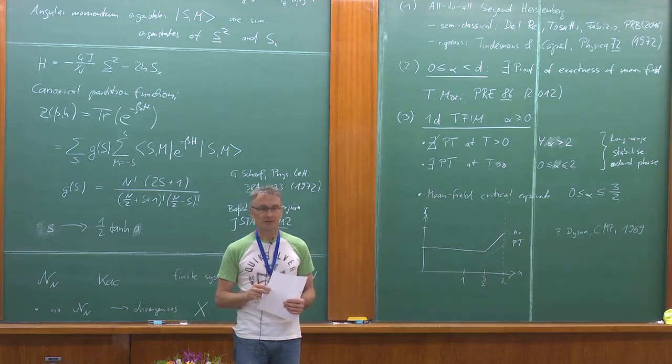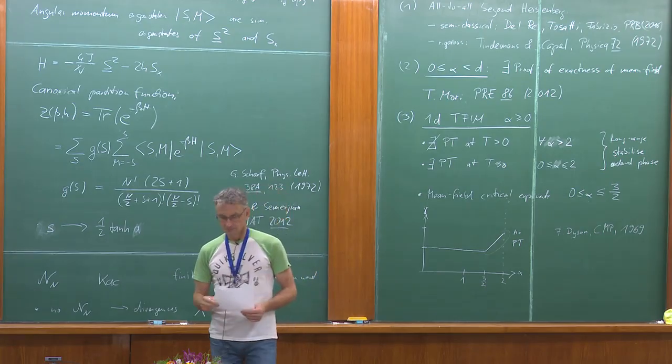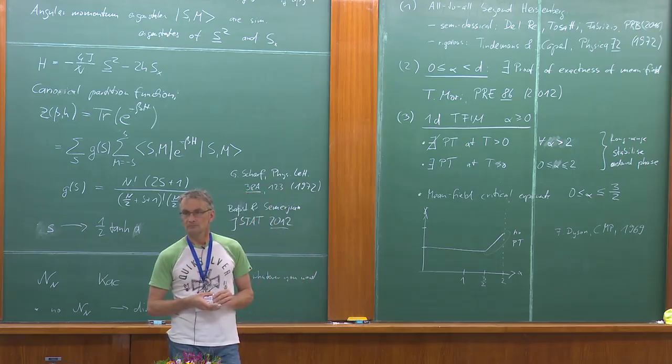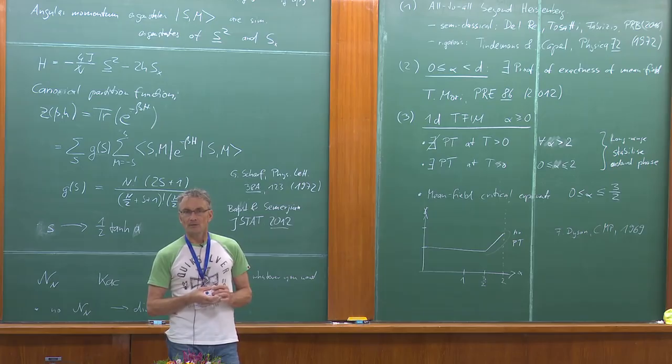So, yeah. When you're saying long-range stabilizes the ordered phase, do you mean in the sense of ferromagnetism, or does it also include Néel order? Does it stabilize antiferromagnetic order with long-range interactions? Yeah, it's very complicated. It's frustrating.